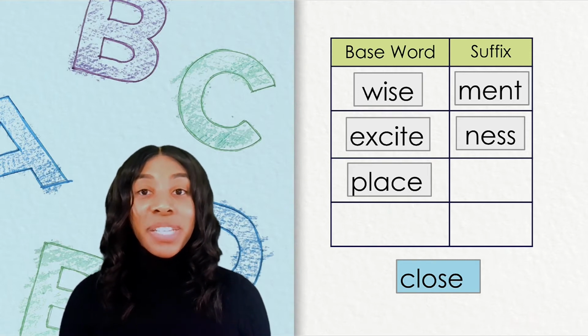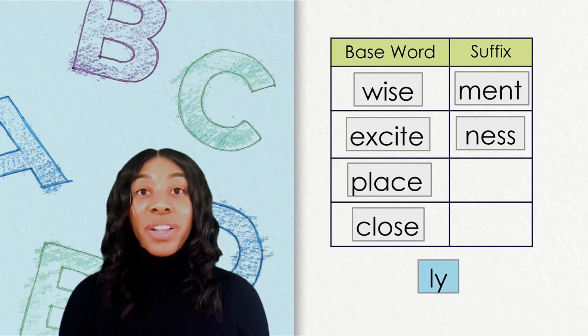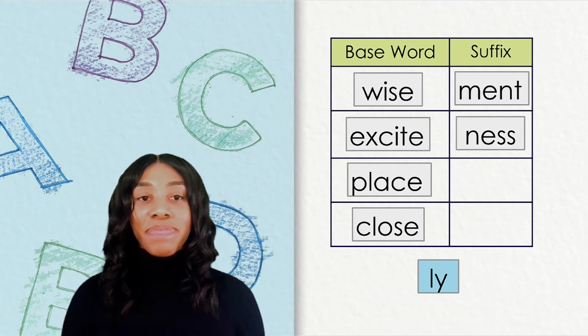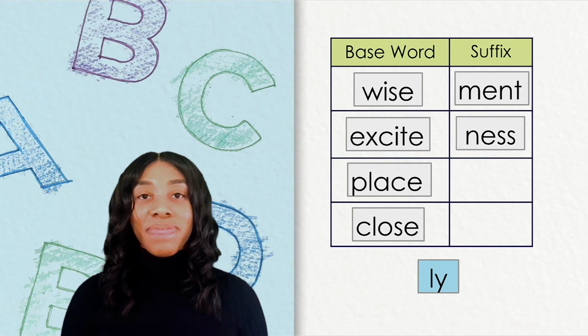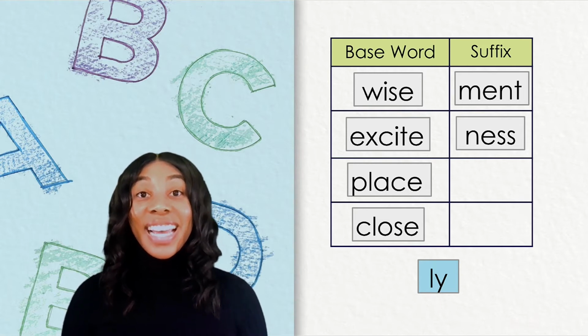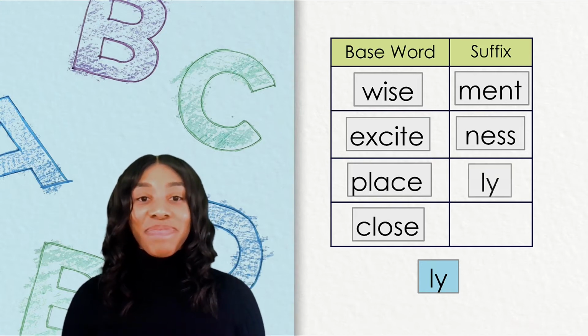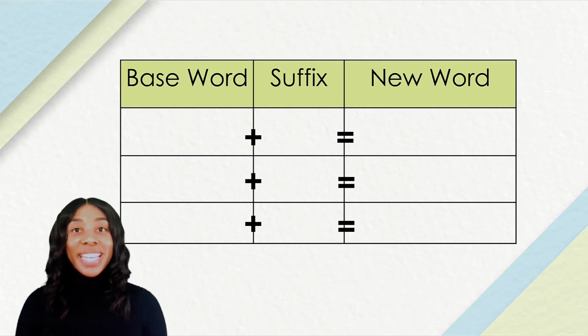Close is a base word. Ly. Is ly a base word or suffix? Ly is a suffix. We can add it to the end of a base word to change its meaning to every.